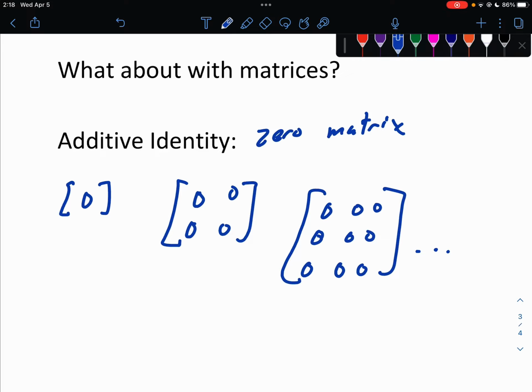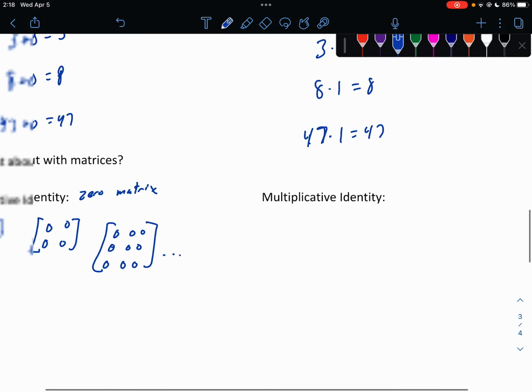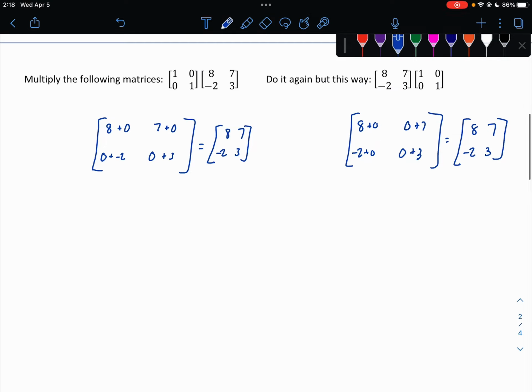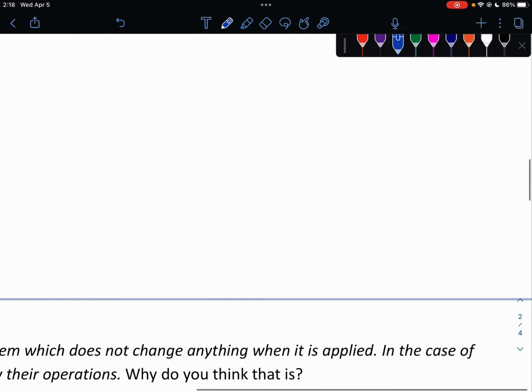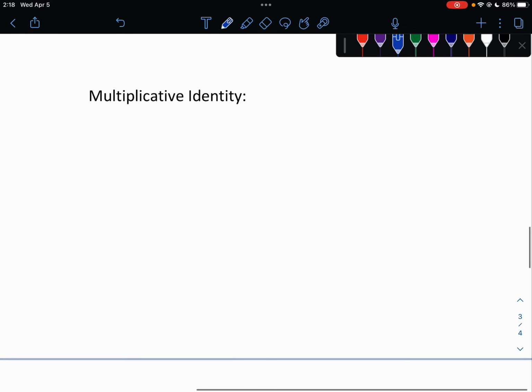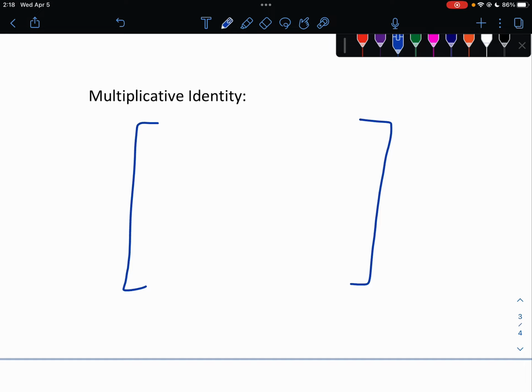The multiplication identity, well, that should have been pretty obvious with what we're doing here. The multiplication identity is going to be whatever square matrix we're looking at, where the diagonal is all ones and everything else would be zeros.